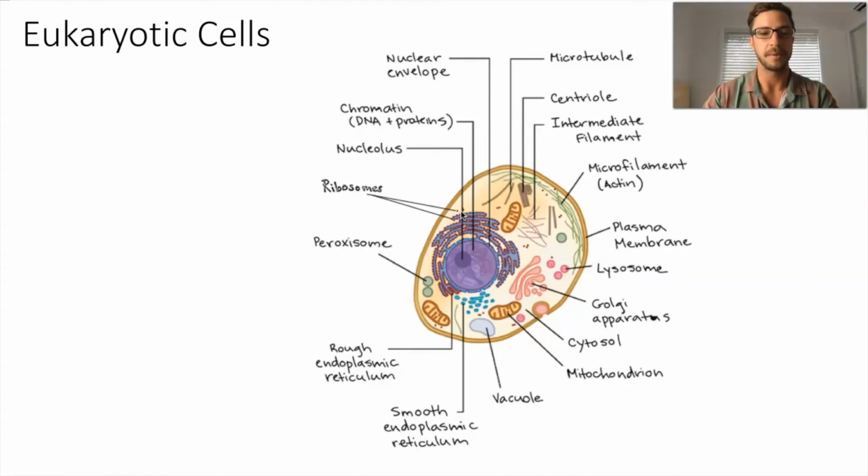Proteins make us up. Then we have the vacuole, and the vacuole is this storage compartment. In plants, it is really large as it stores water and sap. We can look at the endoplasmic reticulum and see that there's a rough endoplasmic reticulum and a smooth. What makes it rough?